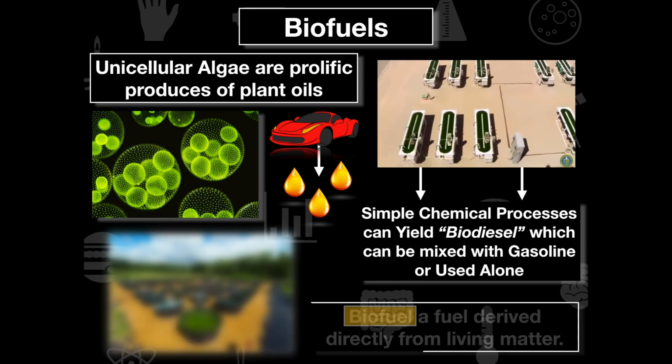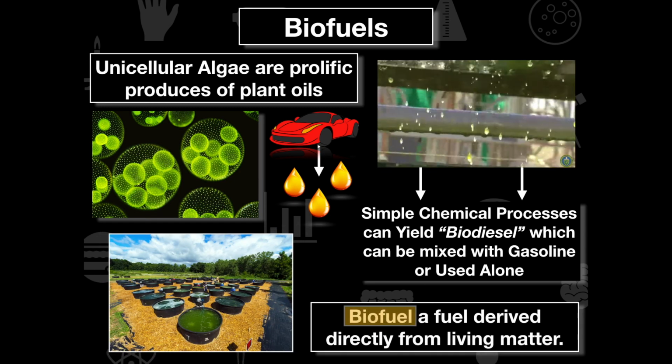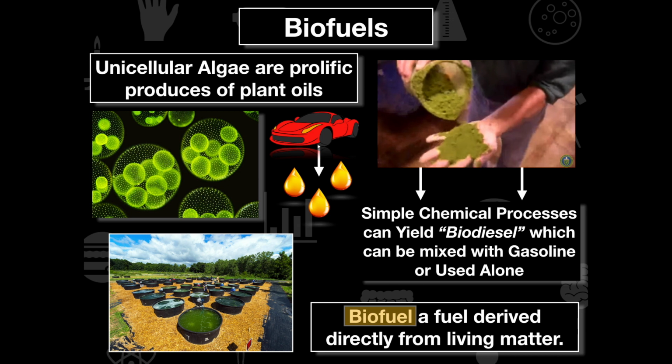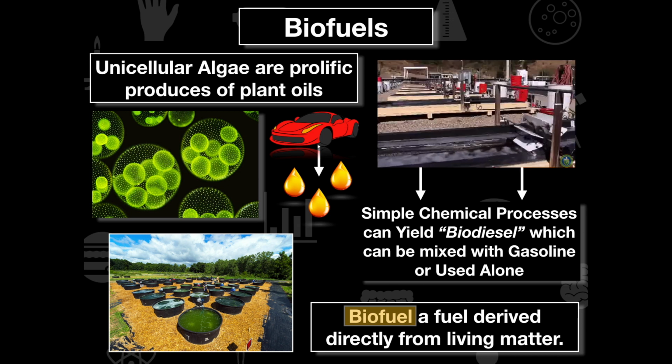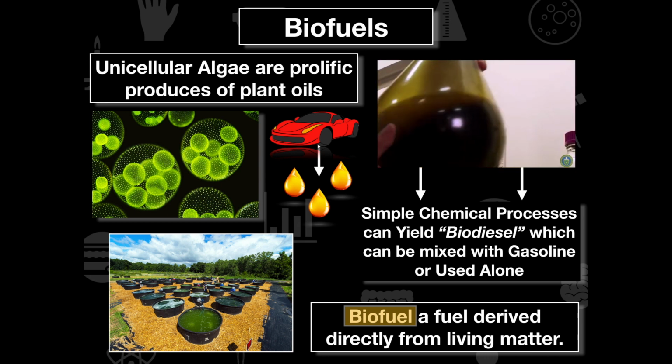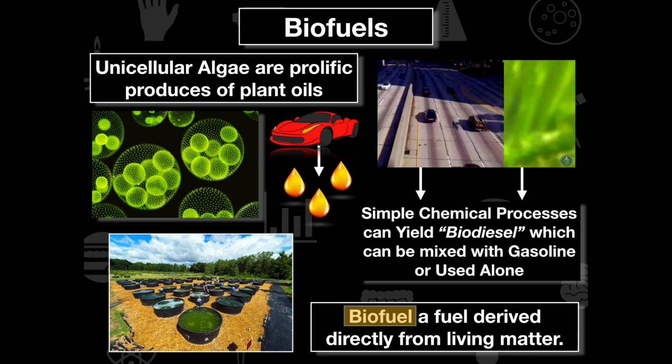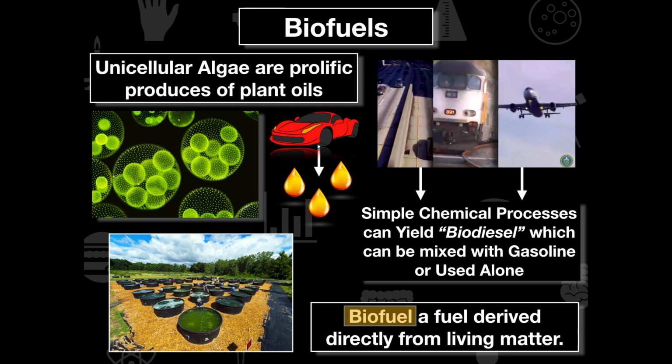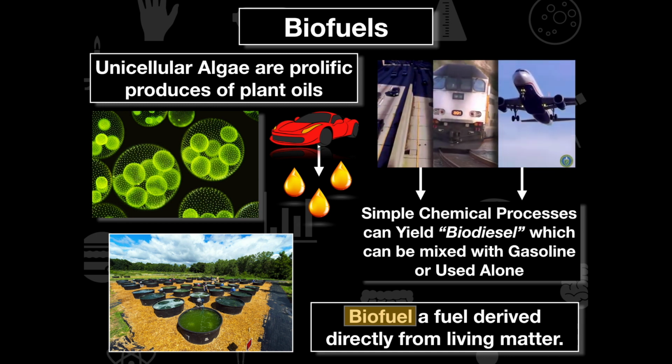So these oils can be burned, and that's what we call a biofuel, a fuel derived directly from living material that can be used in place of a fossil fuel that we are using now to generate electricity, move cars from place to place, or transport people via the air or via trains.